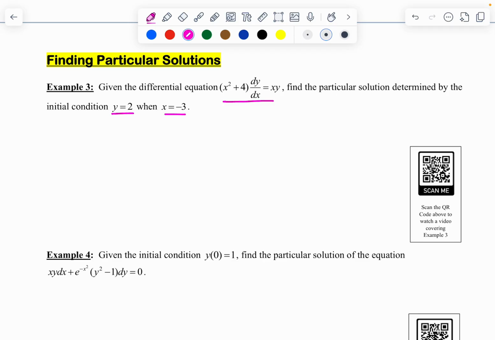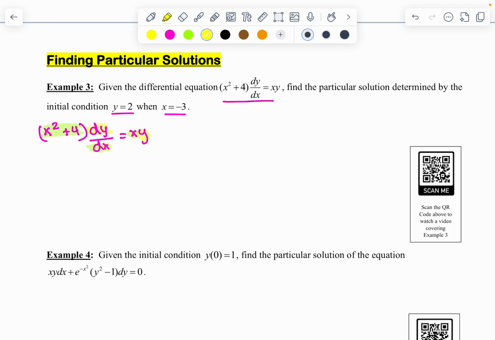All right. So I'm going to start off by rewriting my function. And looking at this, the x squared plus 4 and the dx all have to be on the same side, and the dy has to be on the same side with the y.